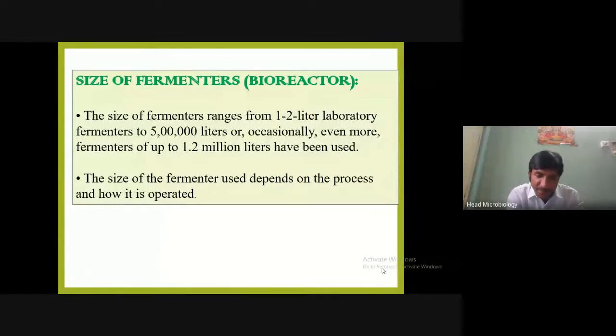For example, in our laboratory, we want to isolate an organism for industrial applications.